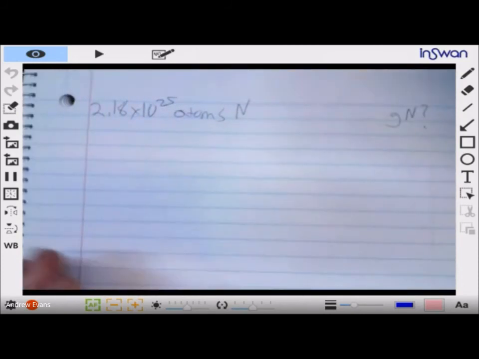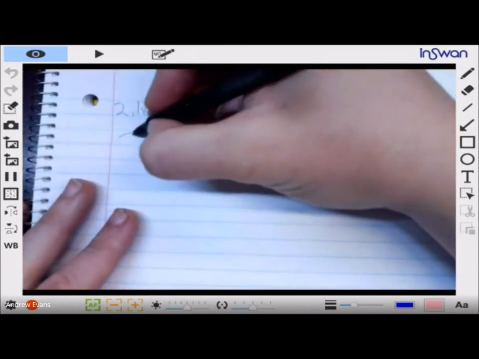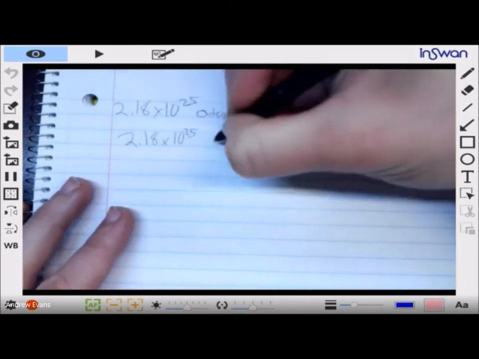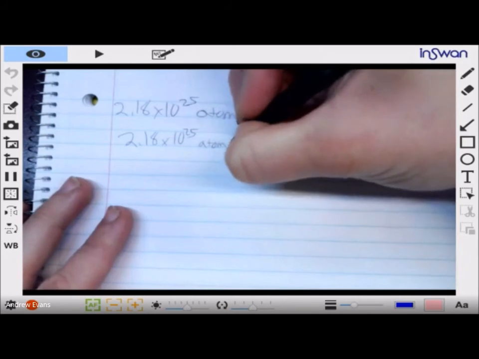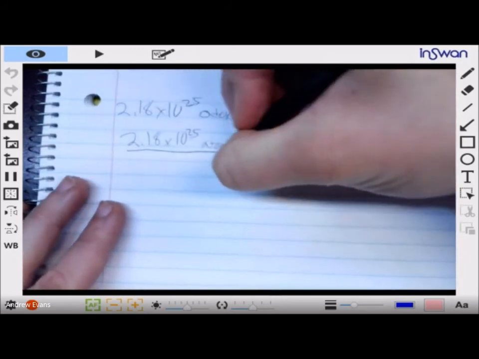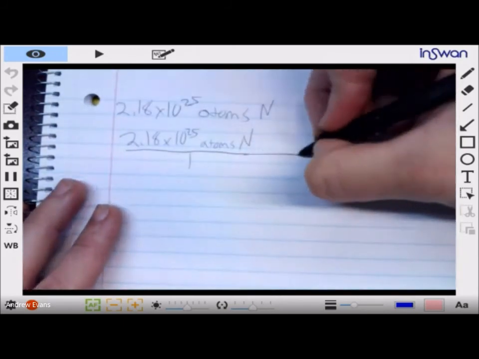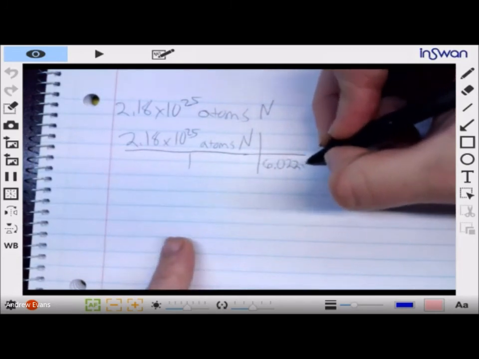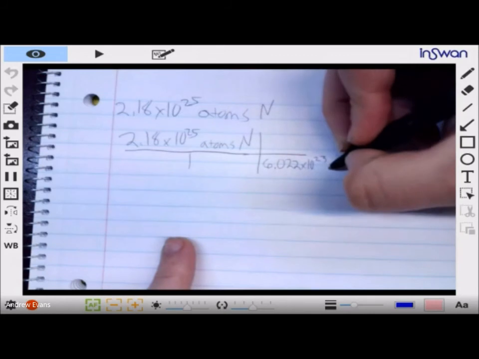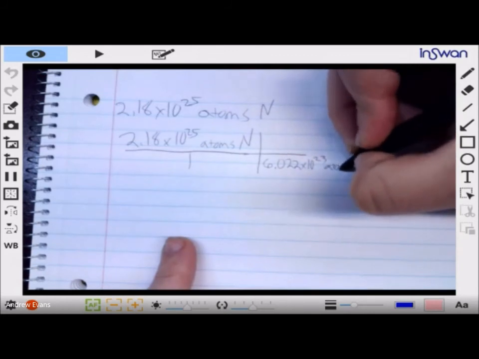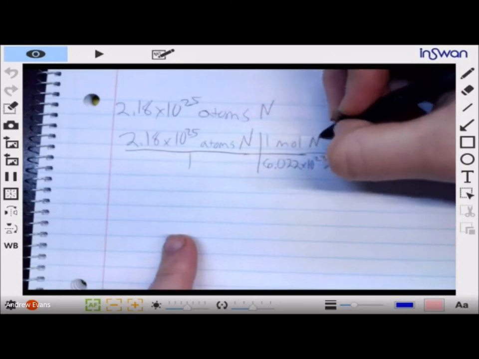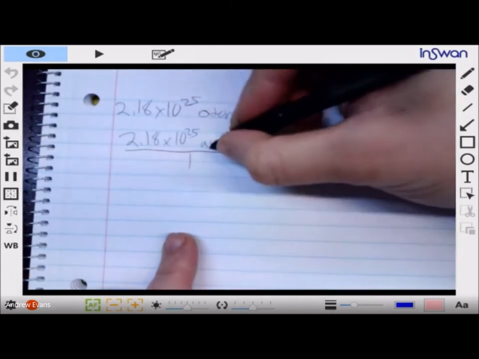So we start with our 2.18 times 10 to the 25th atoms. Start with that over 1. We use our Avogadro's number, 6.022 times 10 to the 23rd atoms per 1 mole of N.